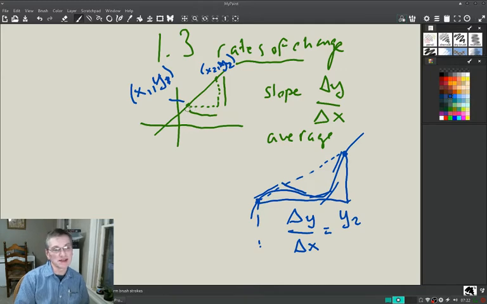This could be anything. This could be a price of gas your book talks about. I try not to use real world examples like that, because math exists on its own.